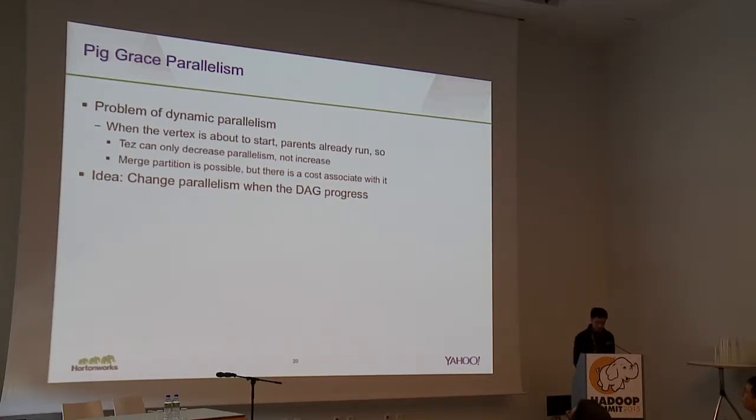And this is why we need another layer of parallelism, and we call it the graceful parallelism. The idea is that as the DAG progresses, we adjust the parallelism of the downstream vertices accordingly with better estimation. Even when Shuffle Vertex Manager cannot bring everything right, it will not be off by too much.